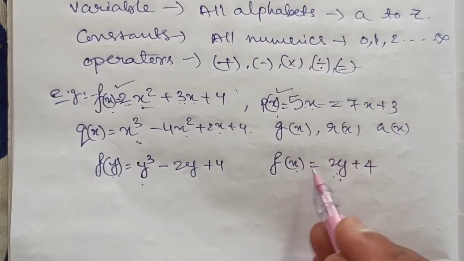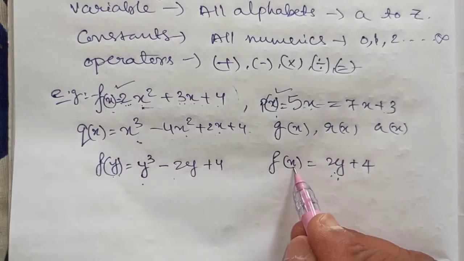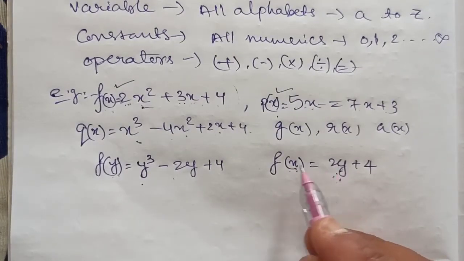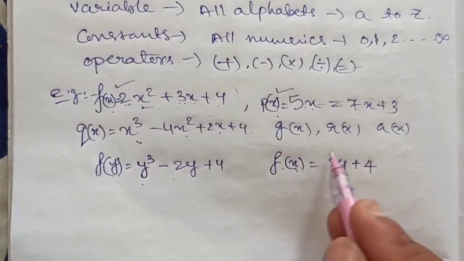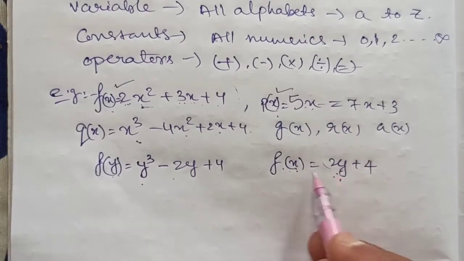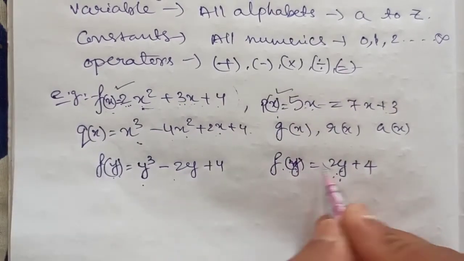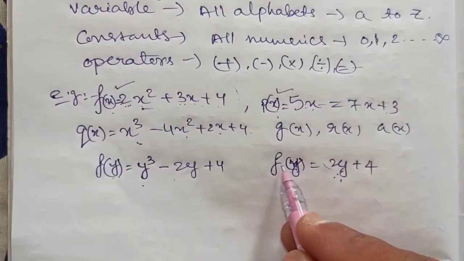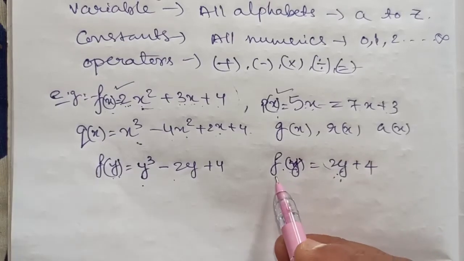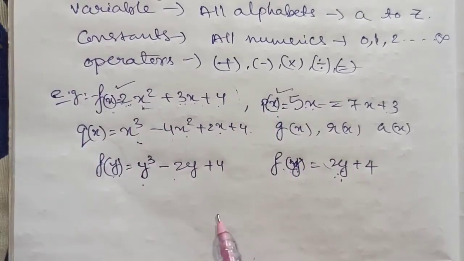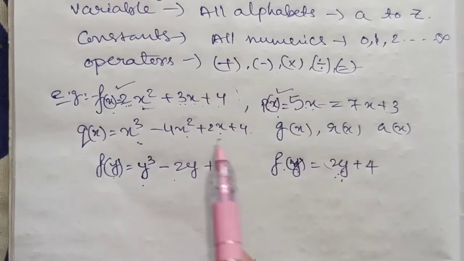So this is wrong, because either I should write y here or I should write x in the equation. Writing two different alphabets, one for the naming and one for the equation, is meaningless. So any polynomial will be represented with f of y, p of x, q of x like this. So these all are taken as polynomials.